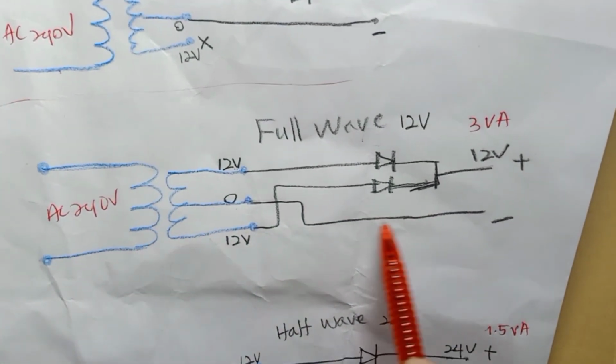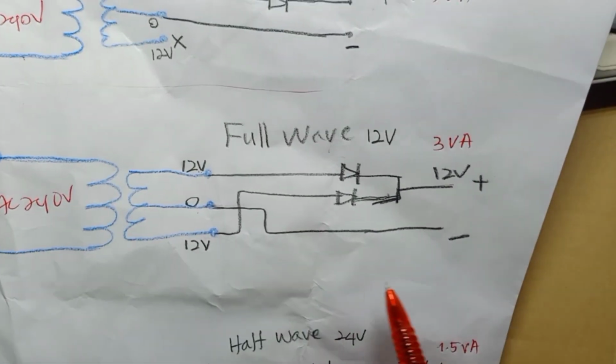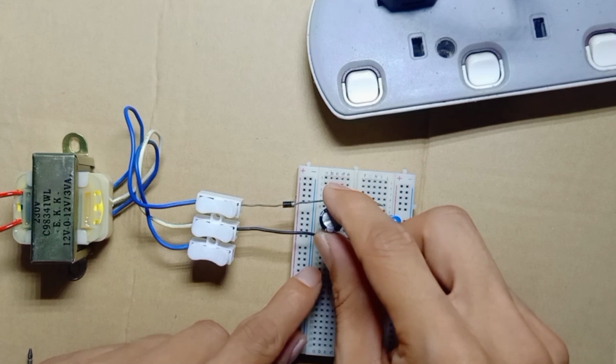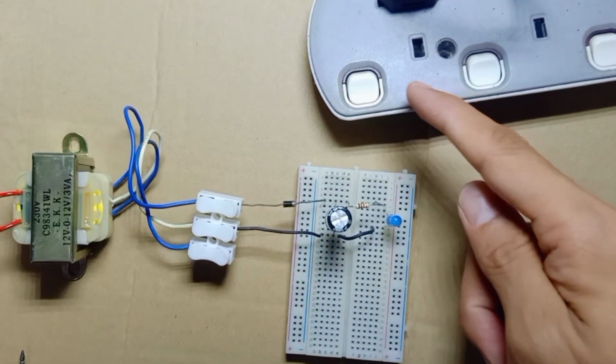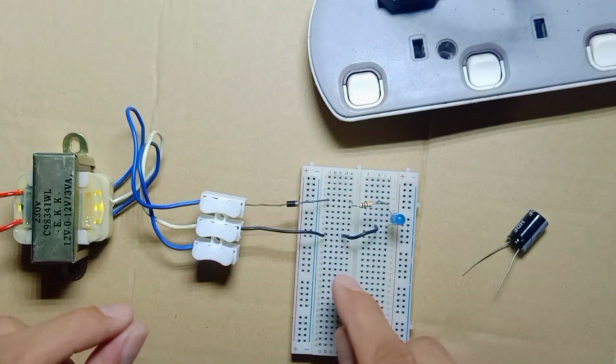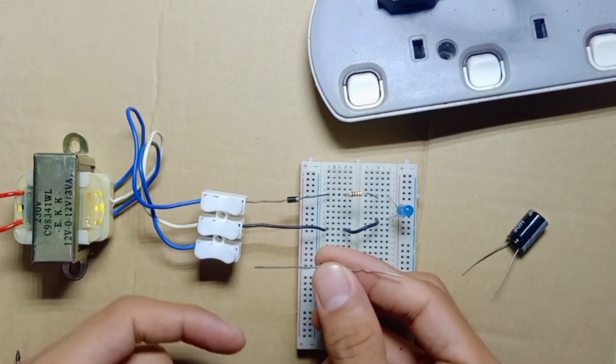Right, so for the full wave, we're going to use the LED again. I'm going to turn off the switch and remove this. This time, there's one more diode.